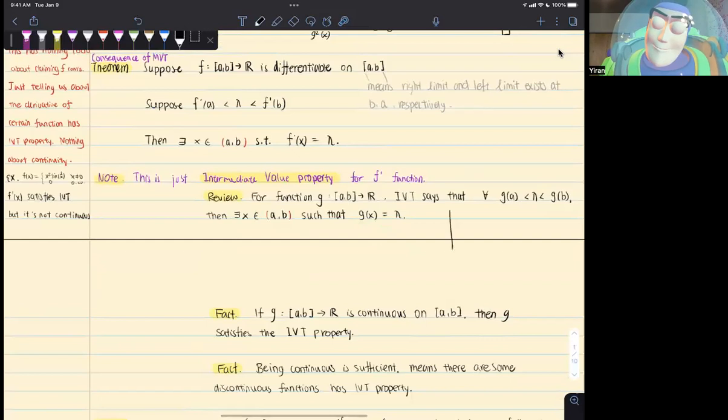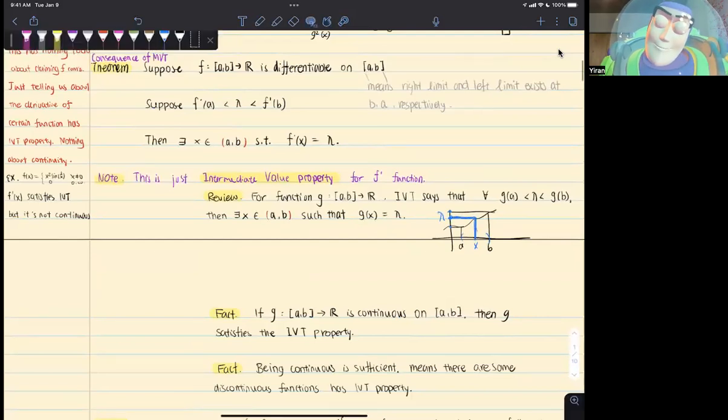Geometrically, I can draw it really quick. For example, if I have a function like this, defined on [a, b], and then I pick a point lambda between g(a) and g(b), then the intermediate value property says there must exist a point x in the open interval (a, b) such that g(x) is equal to lambda.